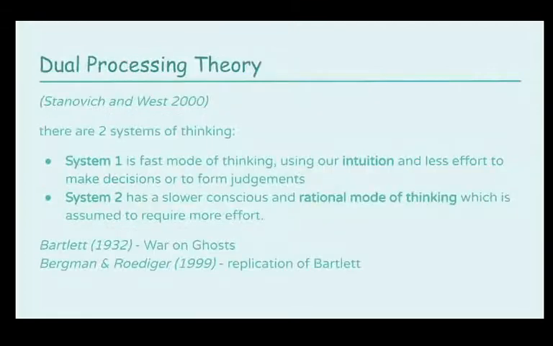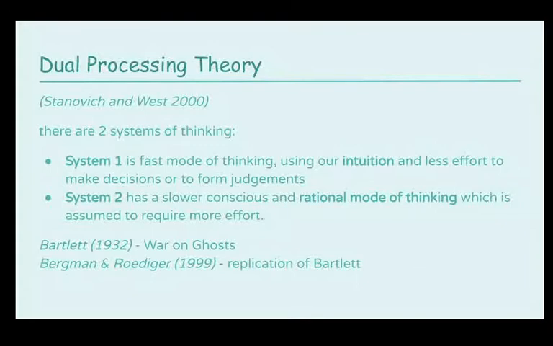And the first would be the dual processing theory, which was proposed by Stanovich and West. Or there's actually a lot of versions for this theory. There's also the one proposed by Tversky and Kahneman, but I'm basing this on Thinking. So there are two systems of thinking according to the dual processing model, which is System 1 and System 2.